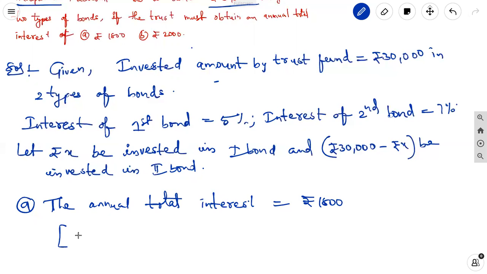Matrix form means X amount for first bond, 30,000 minus X is the amount of the second bond, into 5 percentage of the interest in the first bond, 7 percentage of the interest in the second bond. The multiplication of the matrix, that is the row into column, adding this, we are getting the amount 1800 rupees.